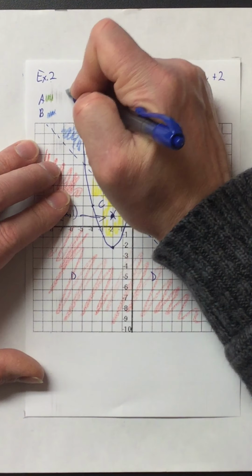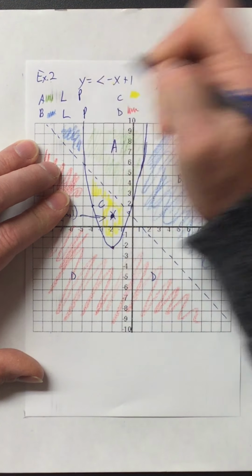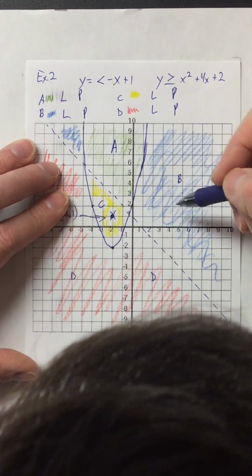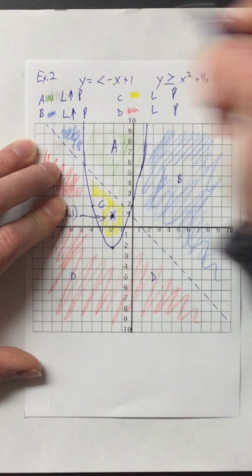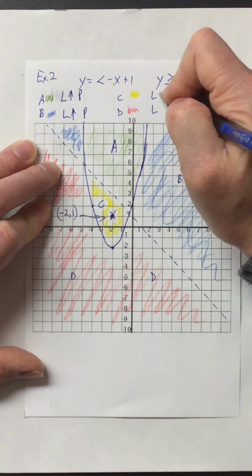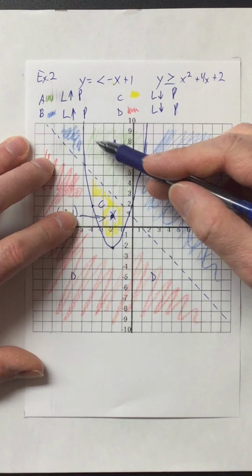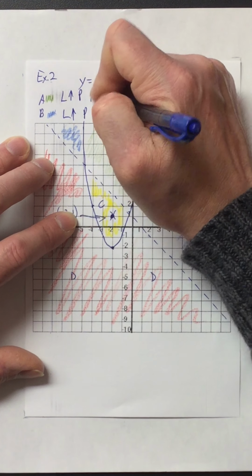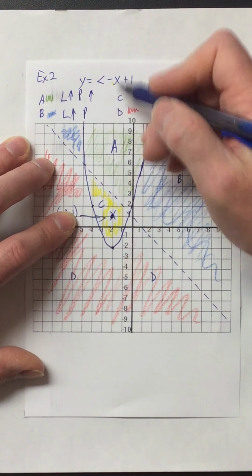Let's label some things. L, P, L, P, L, and P. So A and B are both above my linear line, and then C and D are both below my linear line. Then for the parabola, A and C are both above, because it's opening to the top.